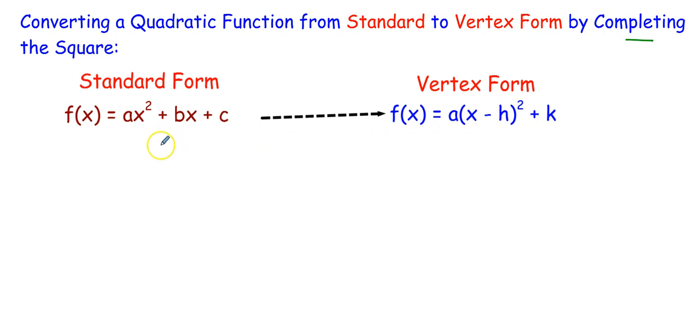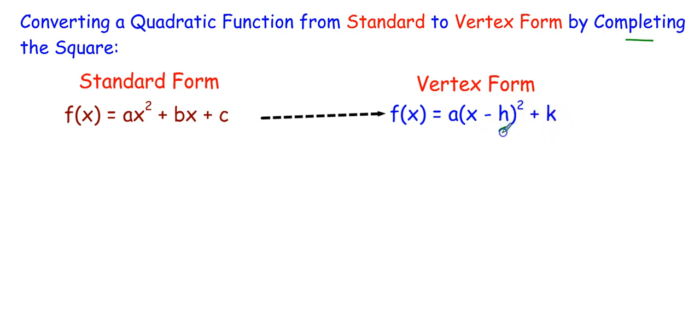Now, in the second part, we are going to complete our learning of changing a quadratic function from standard form to vertex form. Given ax squared plus bx plus c, we have to change it into the form a times (x minus h) whole squared plus k.